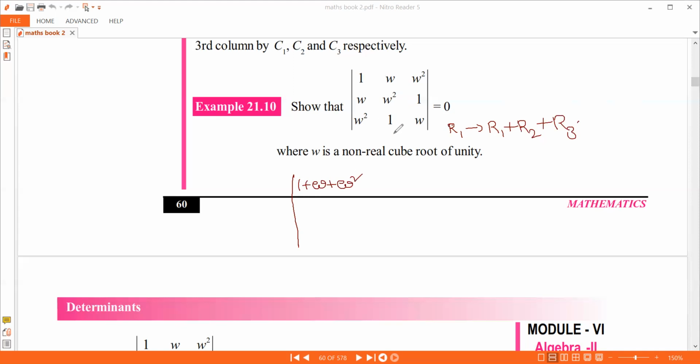Next one: omega plus omega square plus 1. Then 1 plus omega plus omega square. The other rows are omega square, 1, omega. This is the LHS.